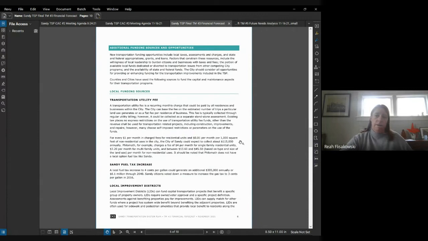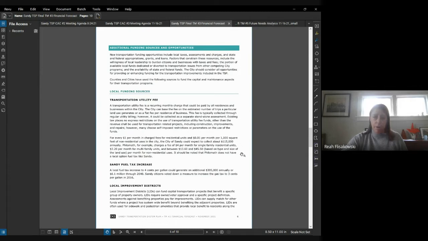Some cities do collect a transportation utility fee. It comes on like your water bill or your sewer bill. It's usually like $1 per month per certain building size. It ends up being pretty low cost for a single family home, like $5 a month, maybe 10. But it can get pretty expensive for larger users like a grocery store or maybe a large employer.